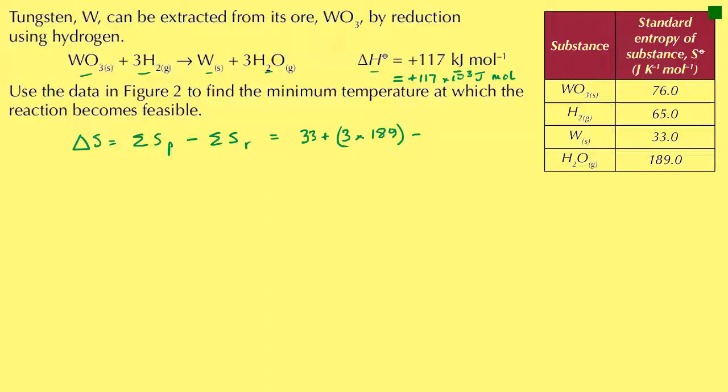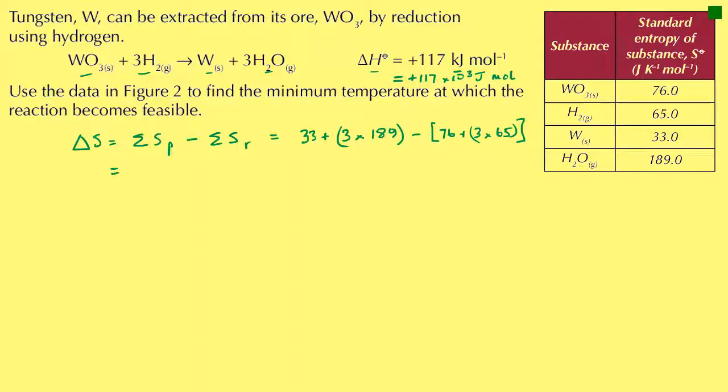So tungsten oxide, let's have a bit of a square bracket there. Our tungsten oxide is 76, and we've got 3 moles of hydrogen, so we've got 3 times 65 there.